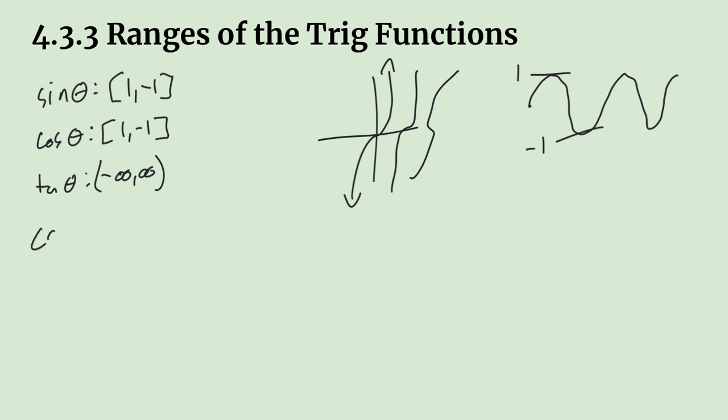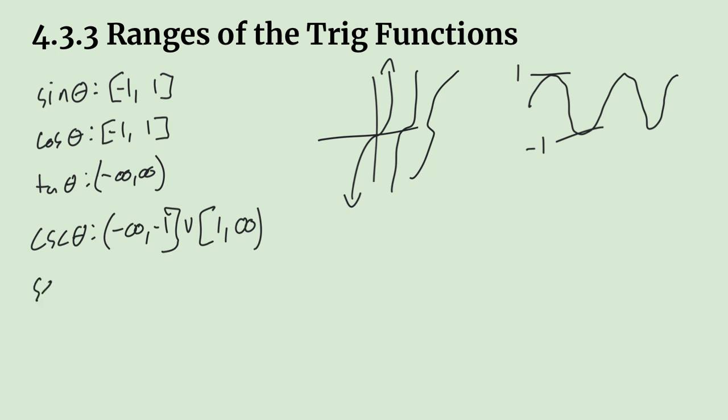So then for cosecant, basically what that means is that we can't have what sine was. So cosecant is going to be negative infinity to negative 1. I'm realizing I've got these written backwards up here. Negative 1, inclusive, union 1 to infinity.